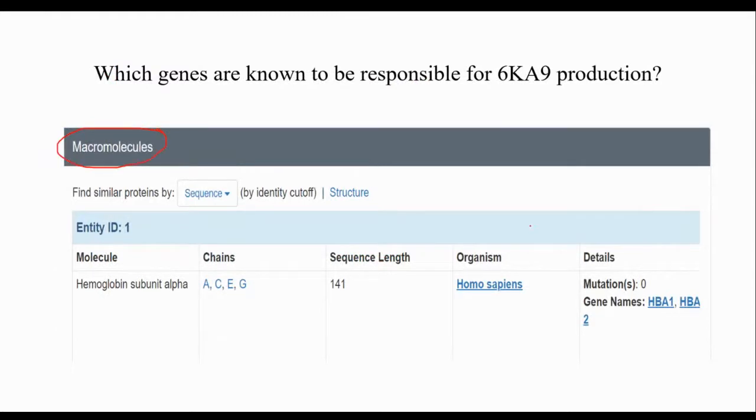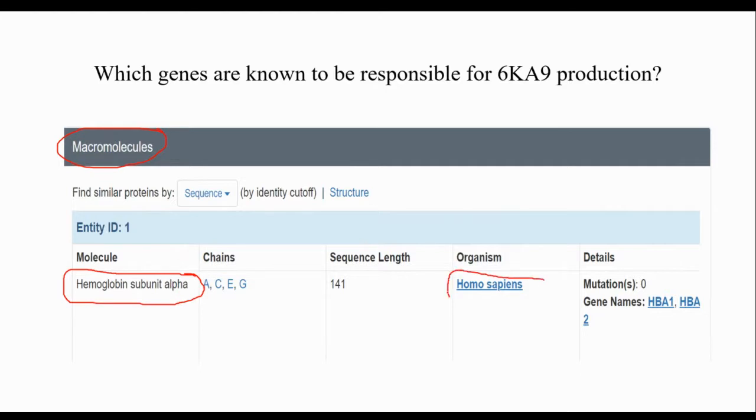Inside this subsection, you will see that it's written about some important details. Here it mentions the molecule, and the chain contains such alpha subunits inside the hemoglobin.